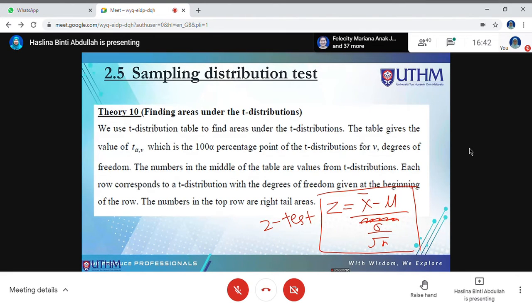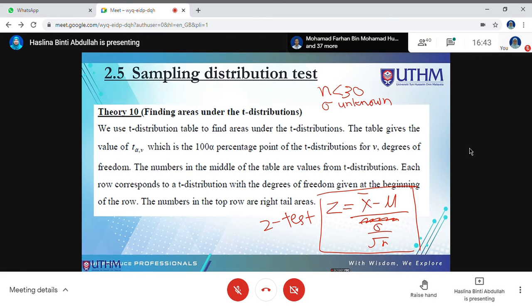While for T distribution, it applies if we have a sample size less than 30 and we do not know the value of sigma or variance. Before this, in previous examples, we knew the value of sample size and we knew the value of sigma.